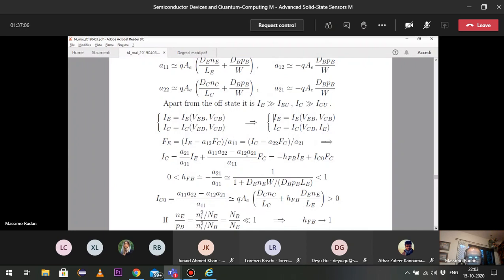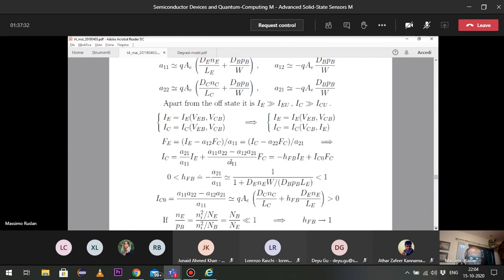When we go back to the expression of IC, we have a second term that comes again from the elimination of FE. And this second term is A11 A22 minus A12 A21 divided by A11.